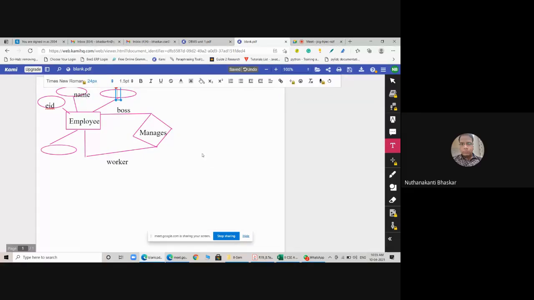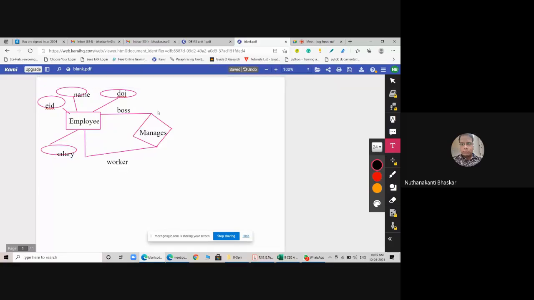It is online mode, that's why I'm using this tool. Even if it is offline, I can make it in the notes also. You know very well. Clear? Date of joining, like that, salary. Whatever attributes, I'm taking only four, but you can write more attributes, please. So now what happened?